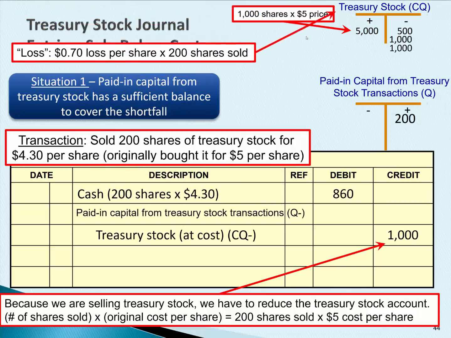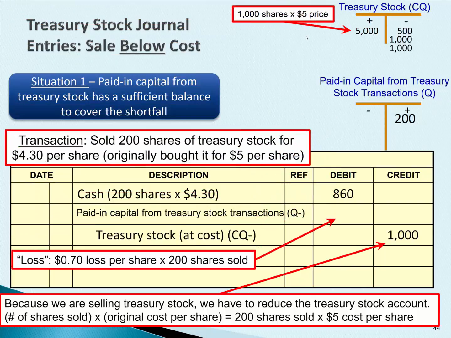So the balancing amount, you can just do 1,000 minus 860, or you could say it's 200 shares sold times the loss of 70 cents per share. So let's post that to the paid-in capital from Treasury stock transactions. So we're okay because this balance is now 60 on the right side. So it is not a negative balance. So we're okay at this juncture.